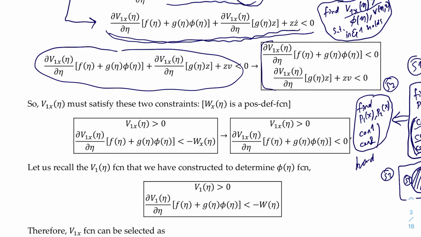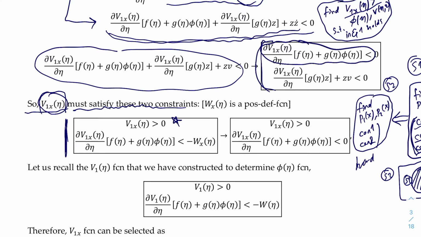Okay, tangent there. So, v1x of eta must satisfy these two constraints. And we are not done right now. For example, let's look at that constraint, right? v1x must satisfy these constraints, being positive definite, right?